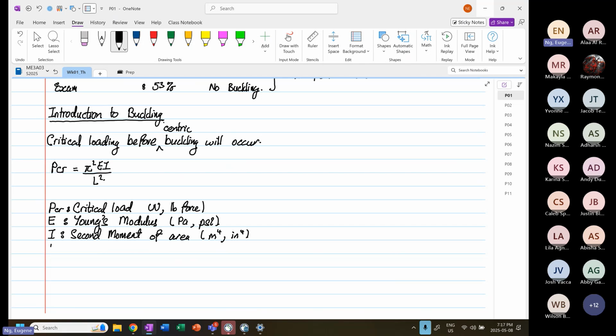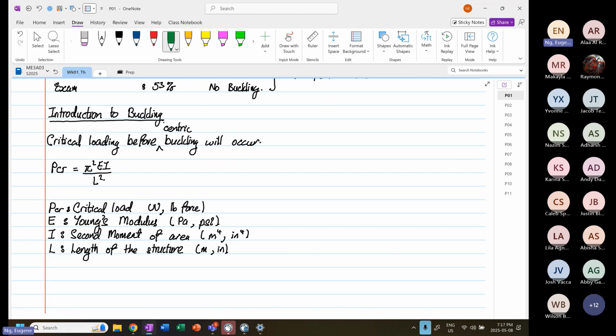And L is the length of the structure. So this will be in meters or inches.